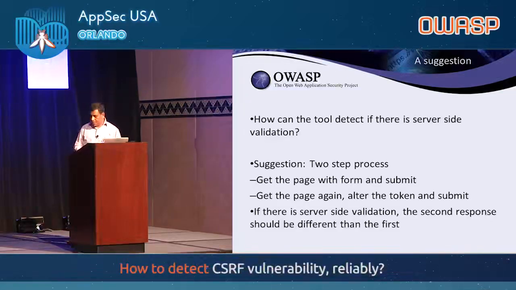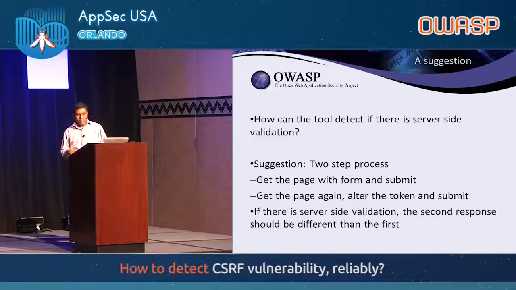But here is a thought. Let's assume for a moment that we do have server-side validation. You get the page from the server, and then you submit it. Since it has the token that came from the server, it will be validated and it will go to some page. That's fine. We can't do anything about it because we don't know what page to expect. But let's think of the situation where there is no valid token on the form.